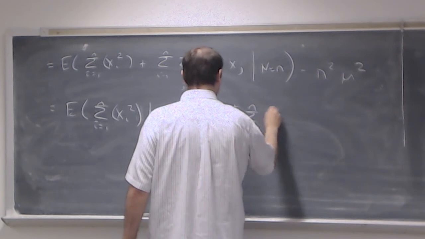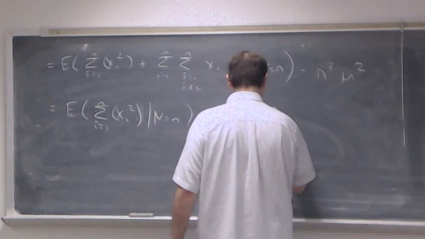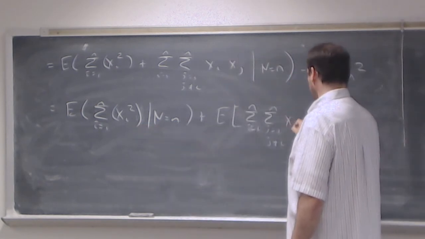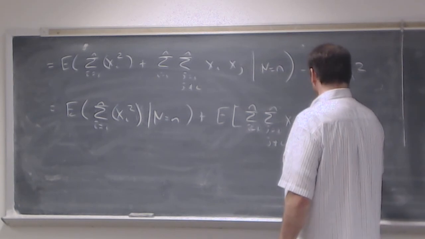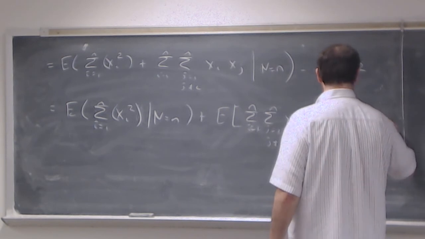So it's this double sum, j from 1 to n, where j has to be different than i, because if they're the same, you're here. The sum of X_i X_j given N equals n. And then again, we have this minus n squared mu squared still hanging around.